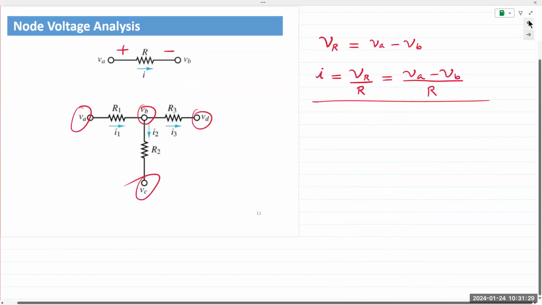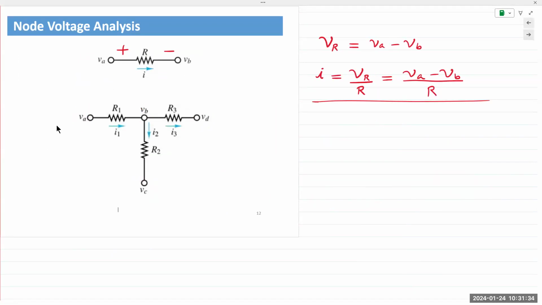So 4 nodes right here, 3 resistors, R1, R2, R3. Current directions are given to us. I would mark out the voltage polarities, plus, minus, and plus, minus. Again, those plus, minus only refer to the voltage of that resistor. It doesn't refer to anything else, okay?